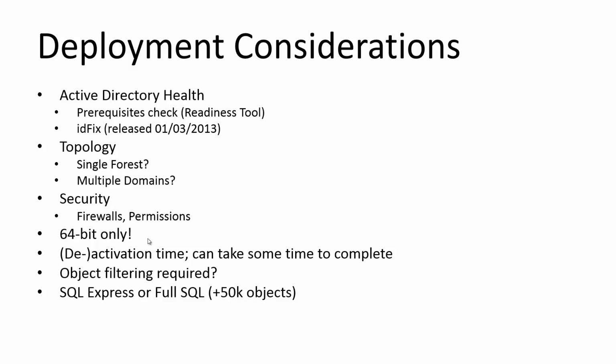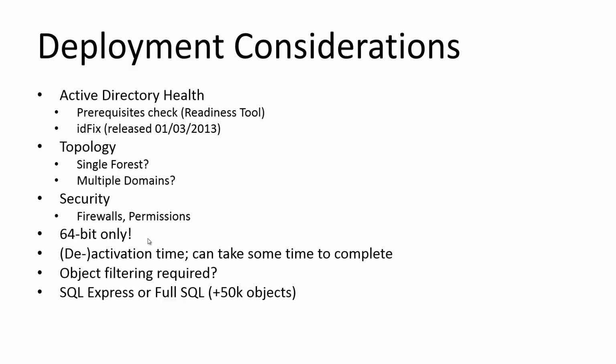And then last but not least, what you should think about at least is whether you're going to deploy DirSync on a full SQL server or a SQL Express server. Usually SQL Express is good for small to medium-sized deployments.